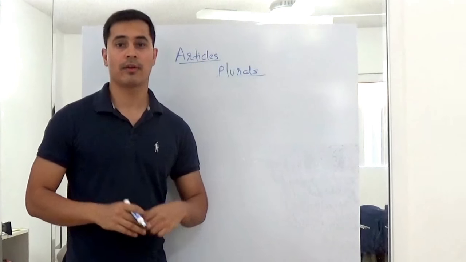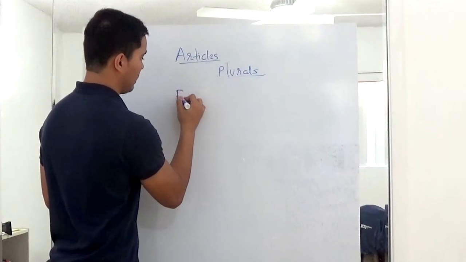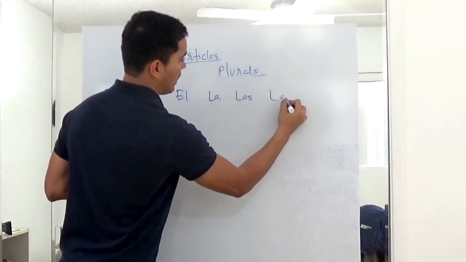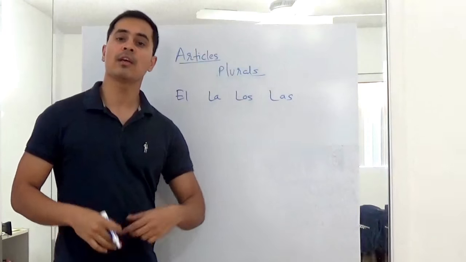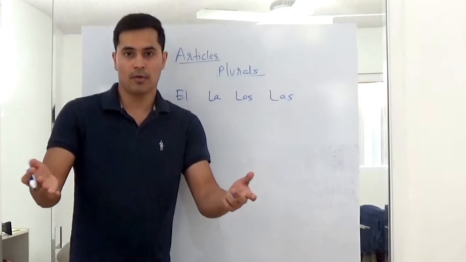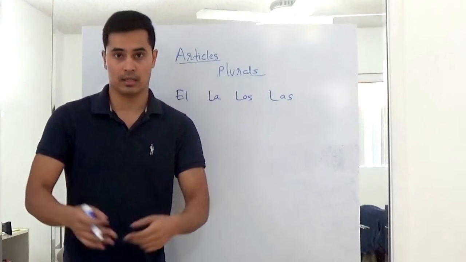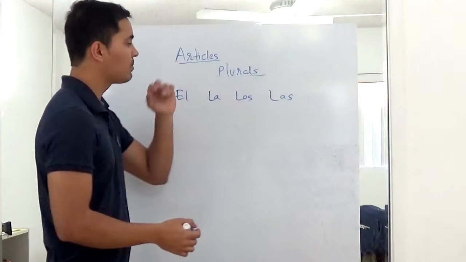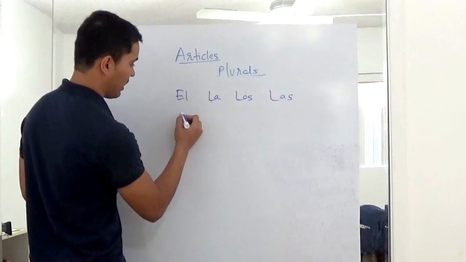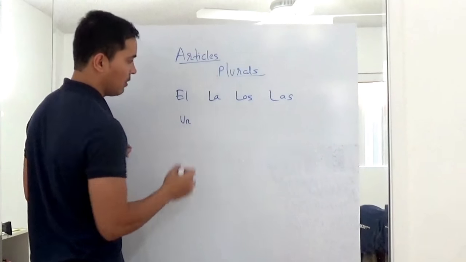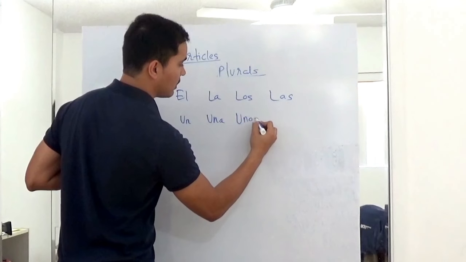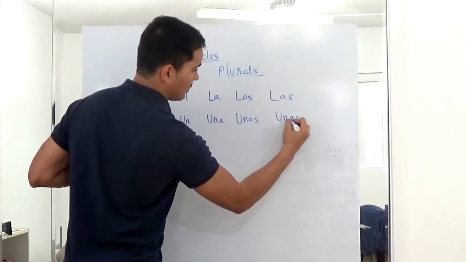So we talked about definite articles, that is el, la, los, las. What about indefinite articles? For example, in English we say a boy, a girl, an elephant, something like that. In Spanish we also have indefinite articles. For el we use un. For la we say una. For los, unos, and for las, unas. So I'll give you an example.